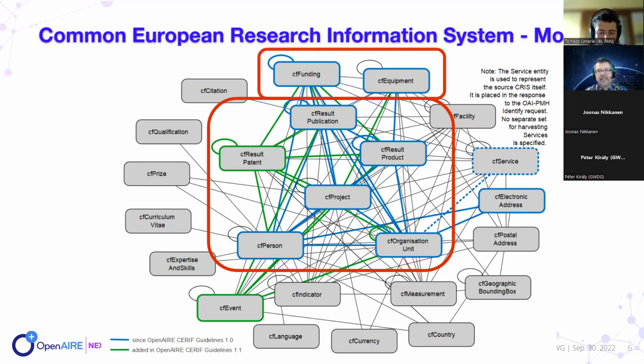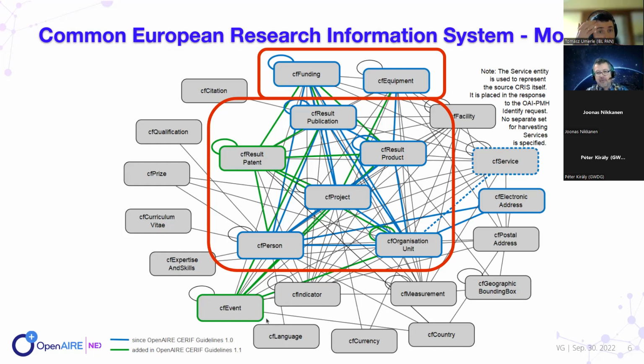the funding, and we see upcoming interest in equipment and instruments that are used in the process of research output creation. Likewise, you see on the bottom left side, this is also covered in our guidelines at the moment, but not so well.